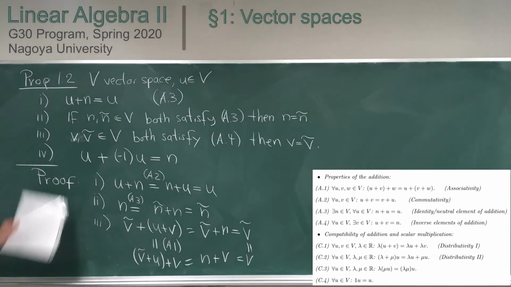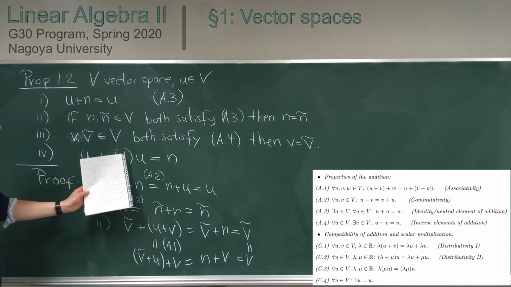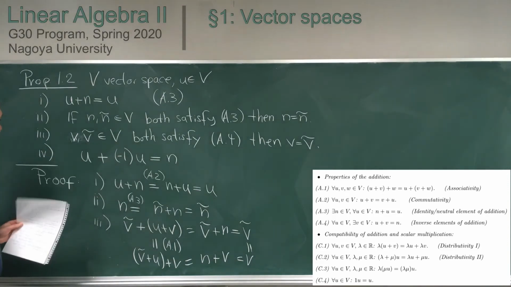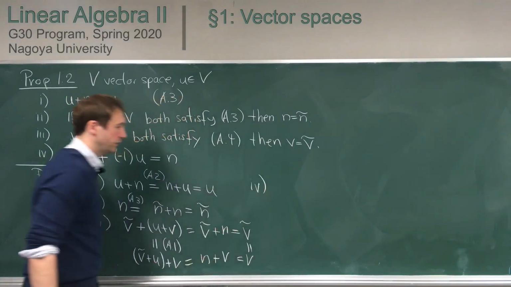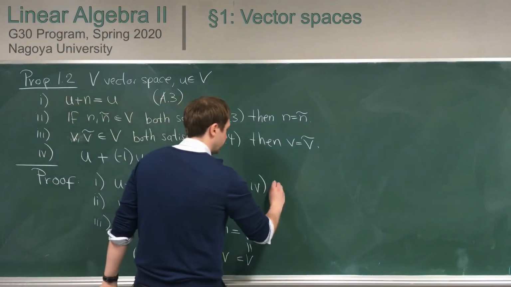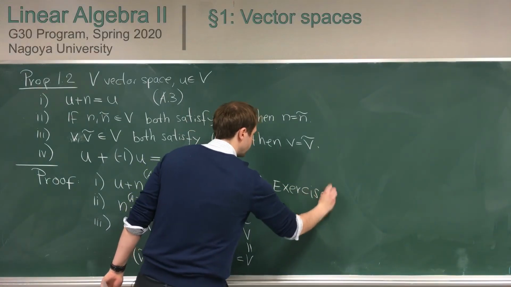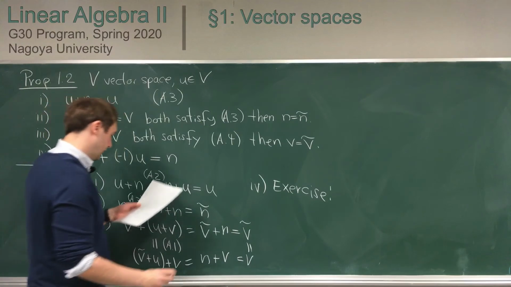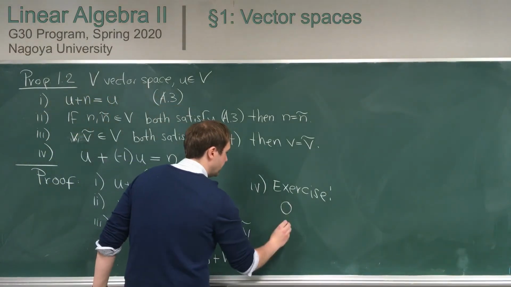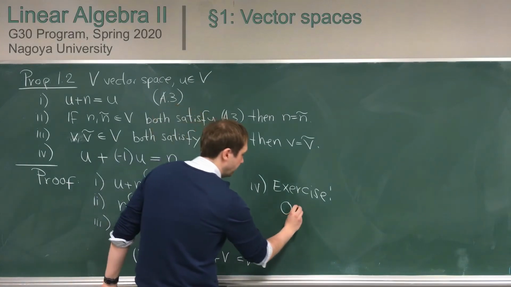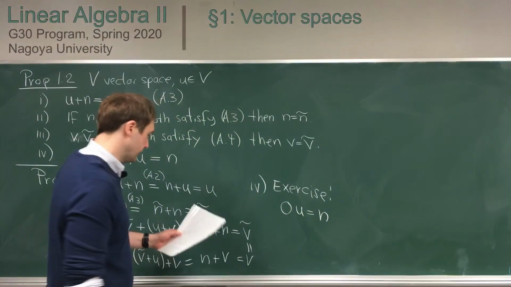And the fourth one, I don't want to prove, but this is really maybe a nice exercise, because to prove this one, you need to use several properties of a vector space. So this is an exercise for you. What you need to show is that 0 times u equals the identity element.